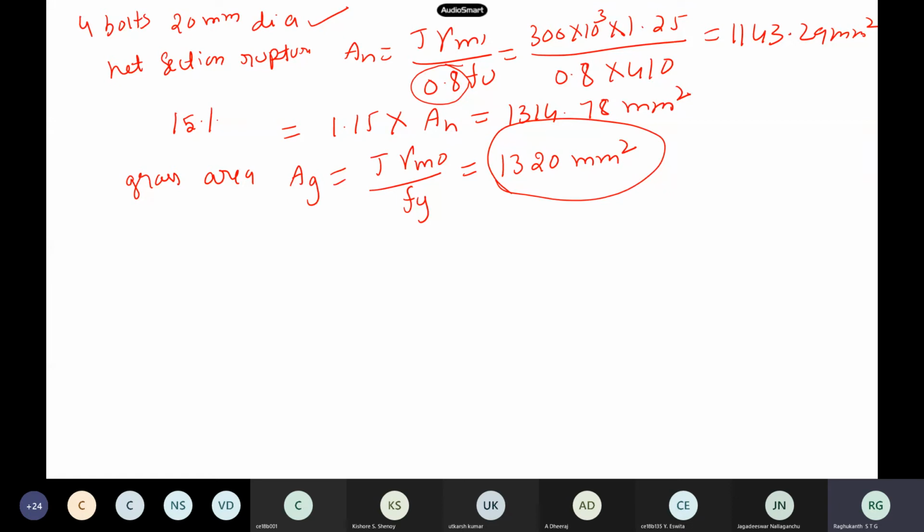Now in angle sections, we have two options: equal angle and unequal angle. Which one will you take? You have been given a choice. I can take 100 by 100 by 8 or 100 by 75 by 8. Which one will you choose, equal or unequal?